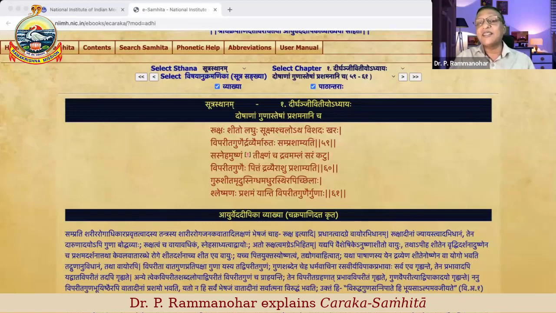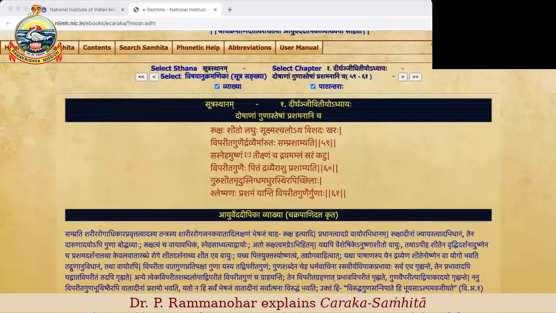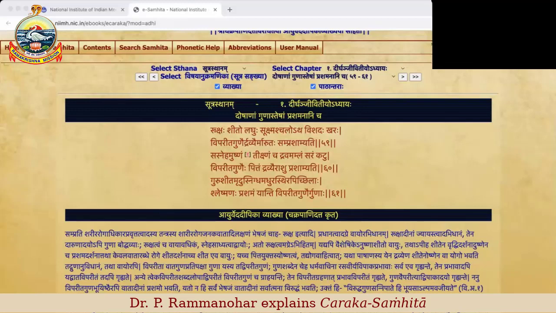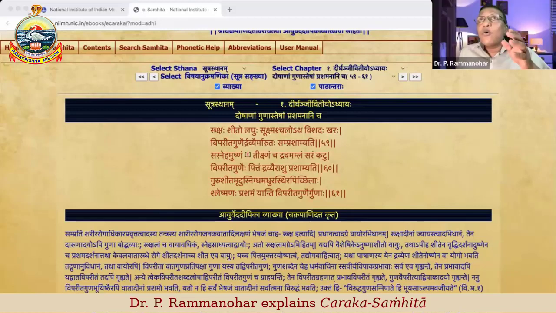So we saw the whole universe as burning, as being created and devoured by Agni. And that is the vision in Ayurveda also.